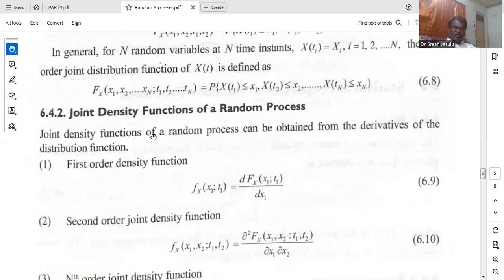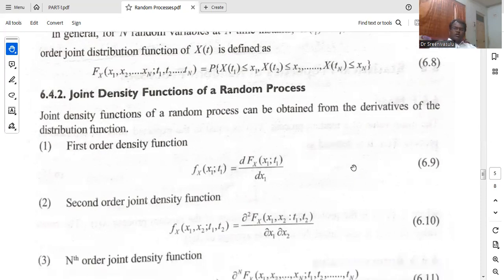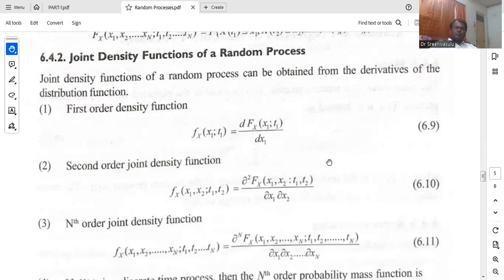So whatever the formula for the joint probability density function, it is going to be written as a function of time. That is the only change between the joint density function for a random variable and for a random process.